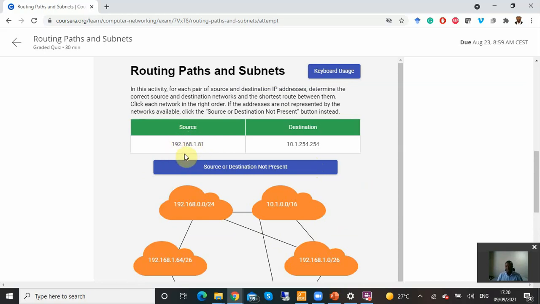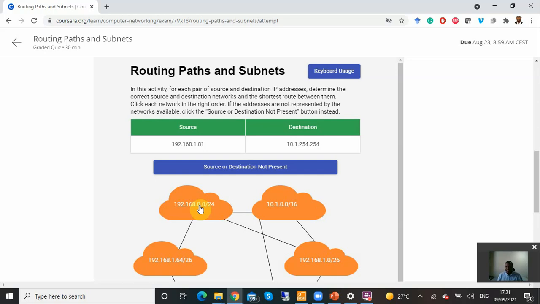192.168.1.81. This is also a class C IPv4, and this is a class A IPv4. So now let's check. 192.168.1.81. 192.168 is 0.